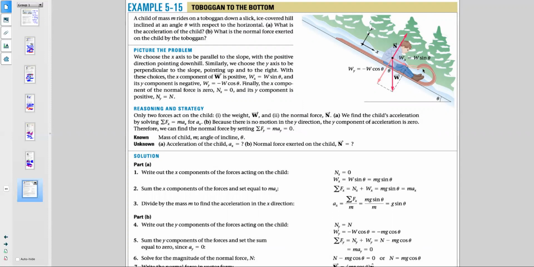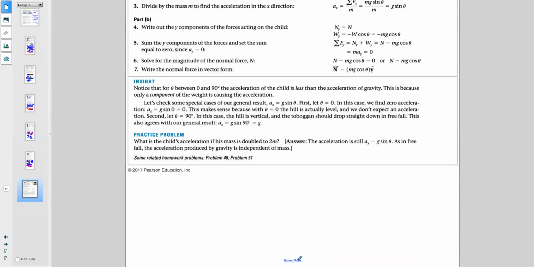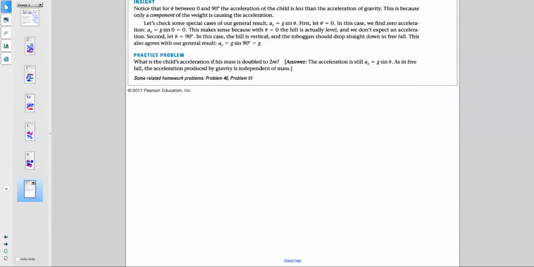And so what we know is that it looks like something like this, as if I have a box here, okay, kind of like this. So in other words, what we have is a m here, and then this is theta, okay?